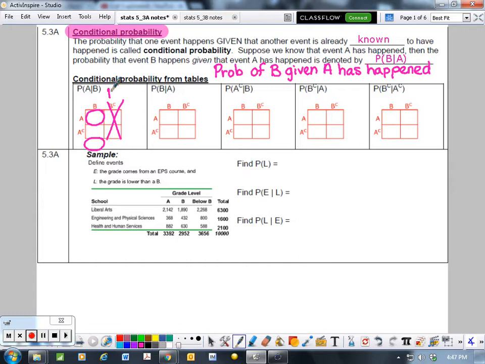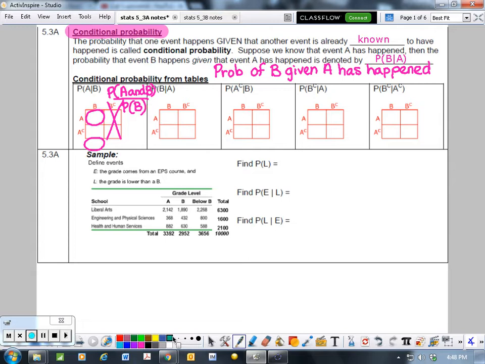This is the probability of A and B over the probability of just B. So on the bottom is what we know has happened. That's our new total now. That new total is the probability that B has occurred because now I know that's happened.